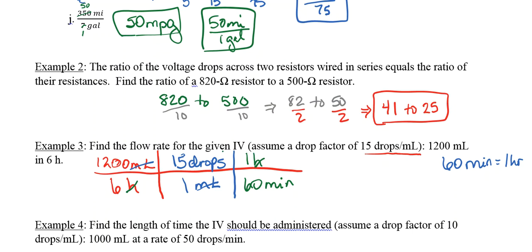So now I'm going to go ahead and multiply. 1200 times 15 is 18,000. 6 times 60 is 360. Divide those. 18,000 divided by 360 ends up with 50. So they'll set the machine to go 50 drops per minute.